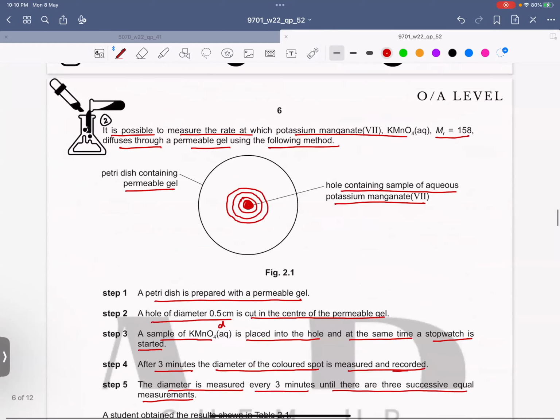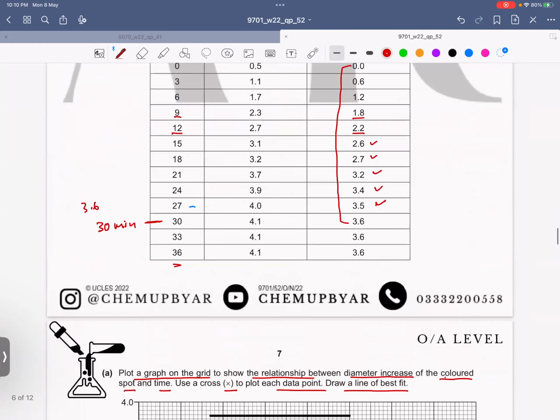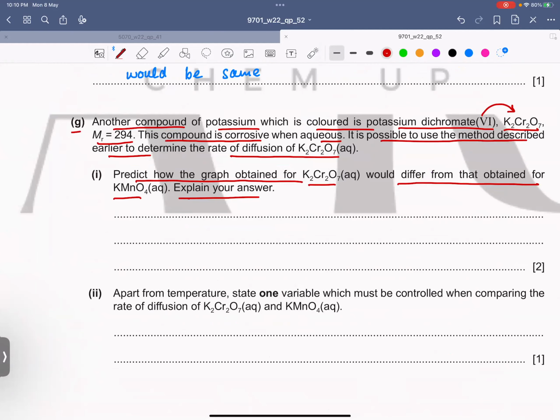So Mr is the mass, and if there is a compound having a greater mass, its diffusion rate would be slower, right? And the one with a lighter mass would diffuse at a greater rate.